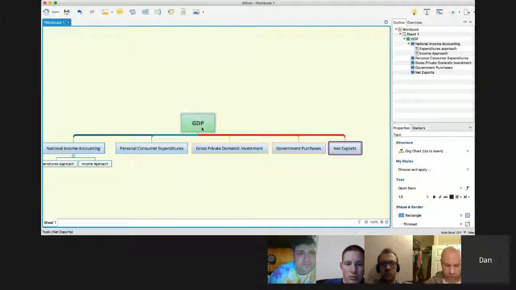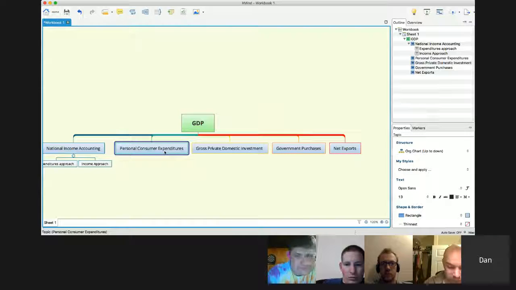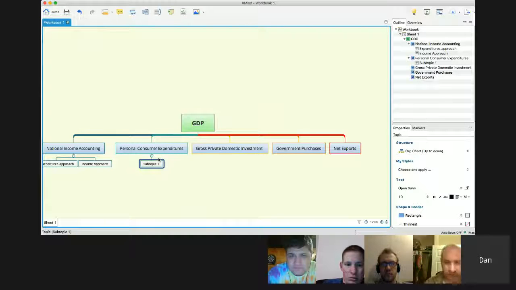Okay. Net exports. Okay, got that. And then off of the 4 categories, right? Yeah. Off consumer expenditures should be the durable, non-durable, and the services. Is that one topic, or no?